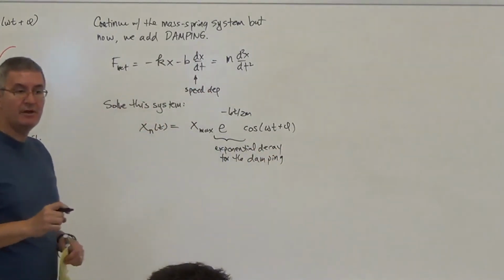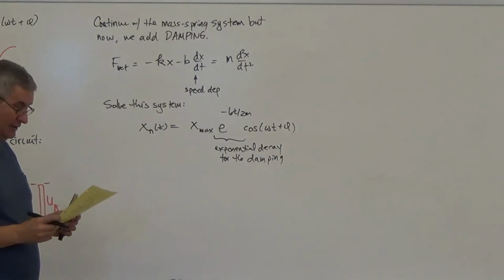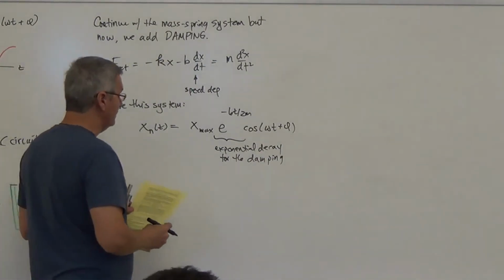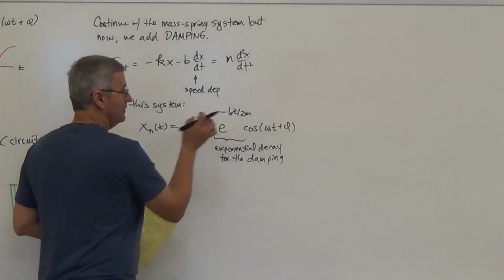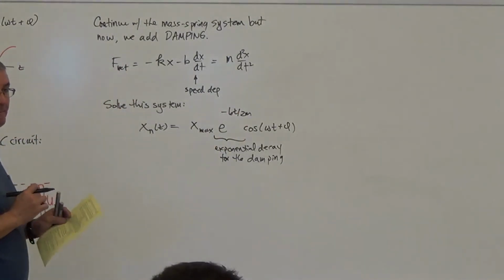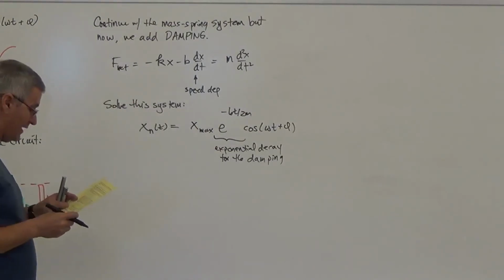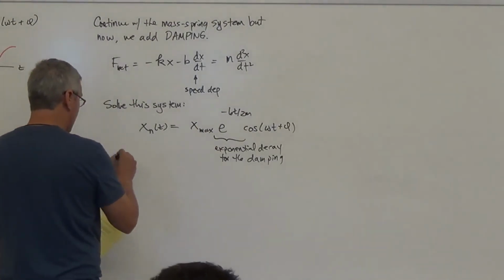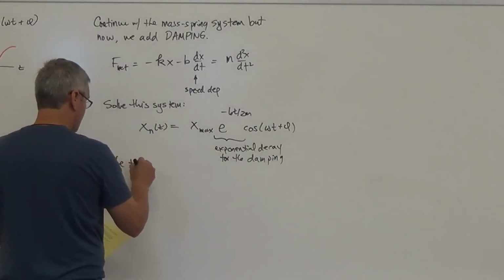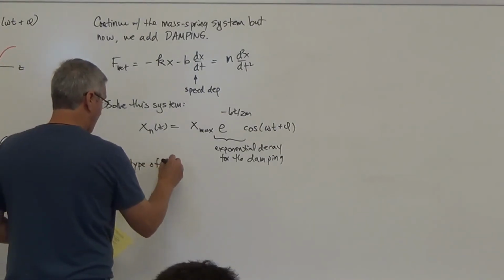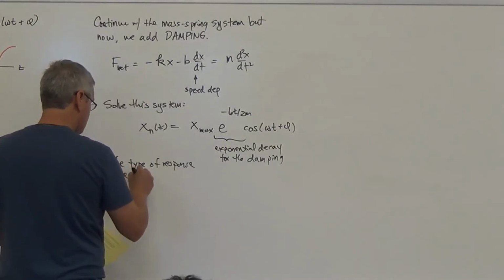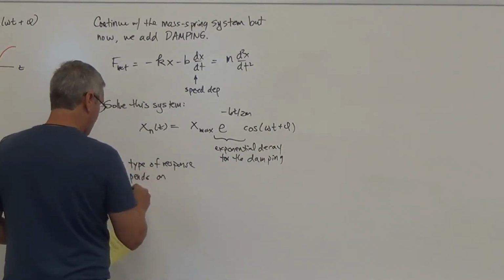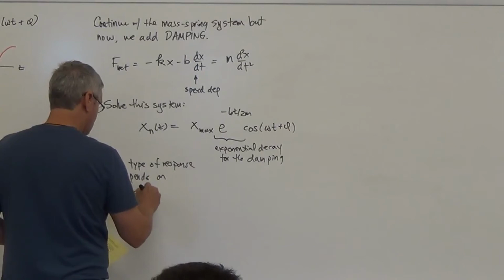So that's a very normal thing here. And what you're going to find is that what's really, really important is the term in the exponential. The type of response depends on the damping constant.